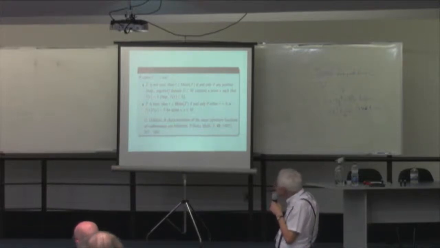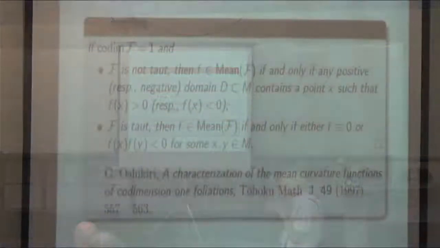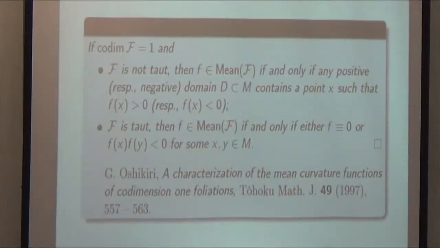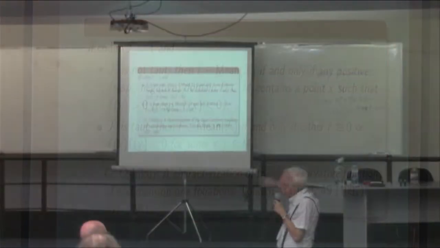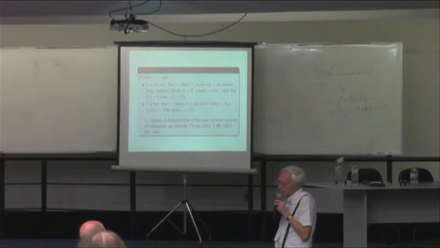So there exist points x and y such that the product f(x) f(y) is negative. This is the only obstruction. The obstruction comes from the fact that the integral of the mean curvature function over a closed foliated manifold is always equal to 0. Therefore, the integrand cannot be non-negative everywhere or non-positive everywhere, except in the case of being identically 0.